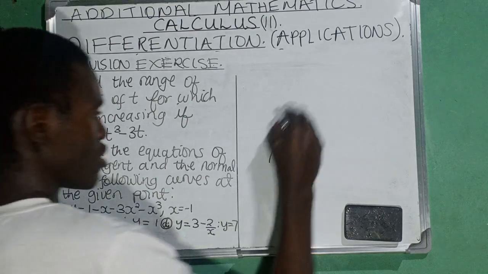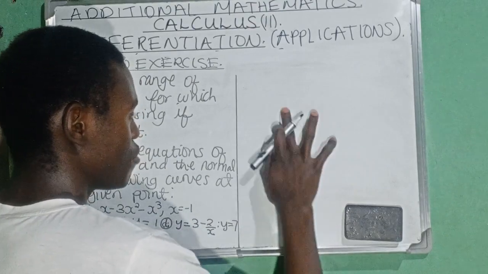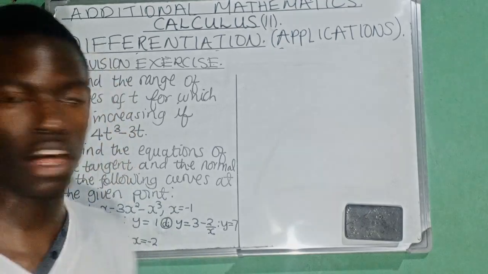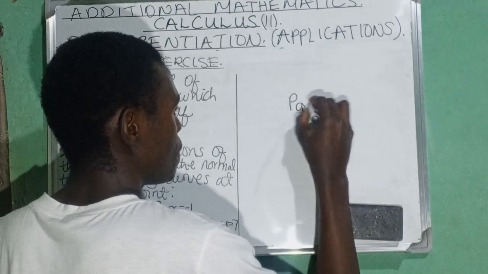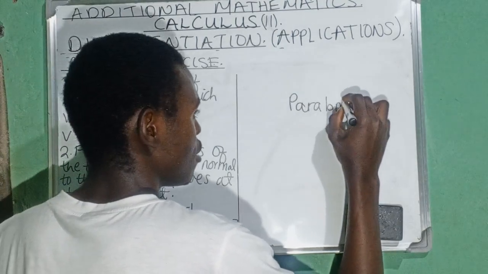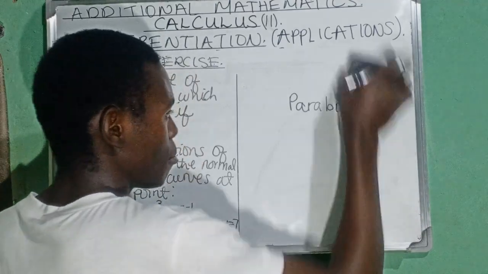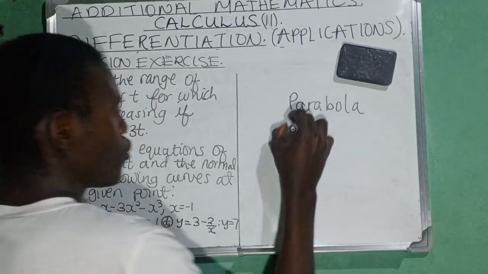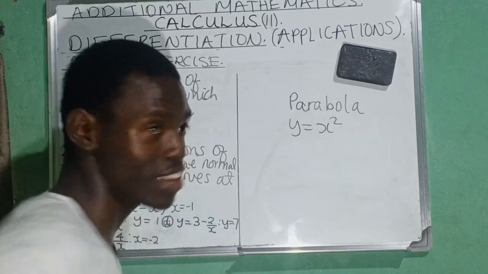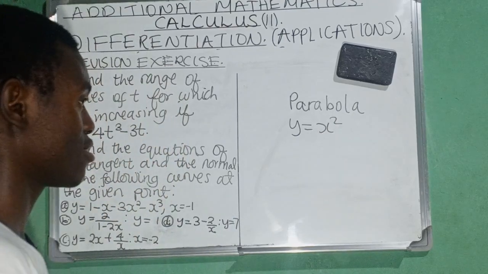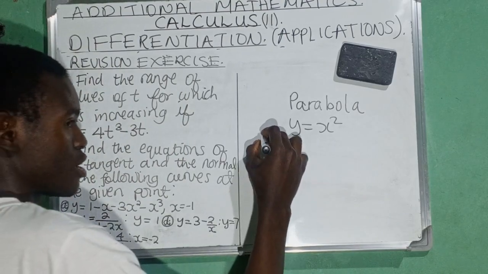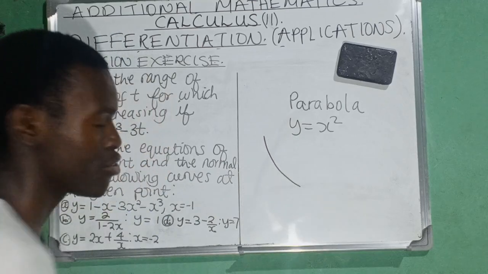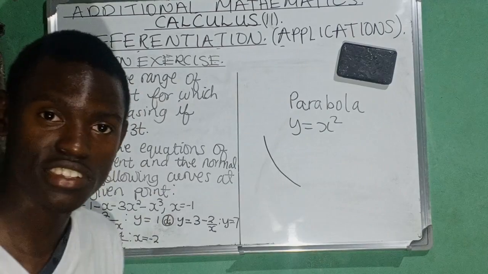If a curve is going like this, for example, a curve is increasing. Let me give an example of a parabola, y is equal to x squared. It comes down like this. When it's going down like that, it means it is decreasing.